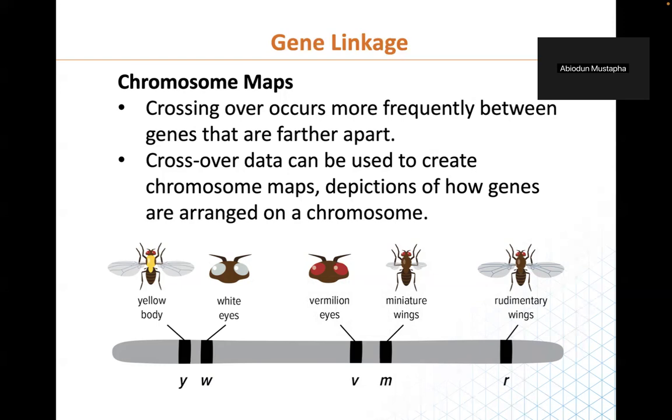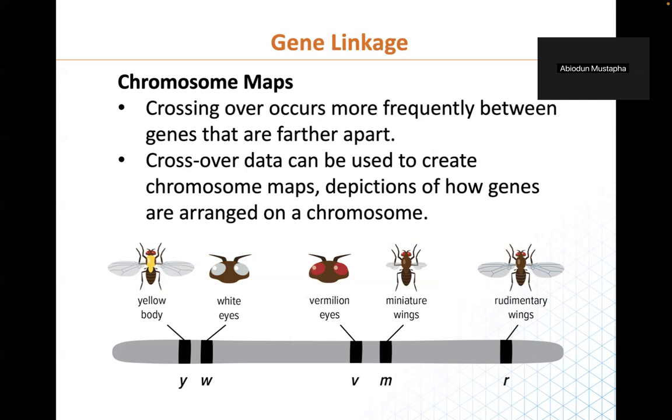Let me try to do one for you. Let's say, for example, the distance between genes Y, W, V, M, and R. Let's create a case study with these genes.